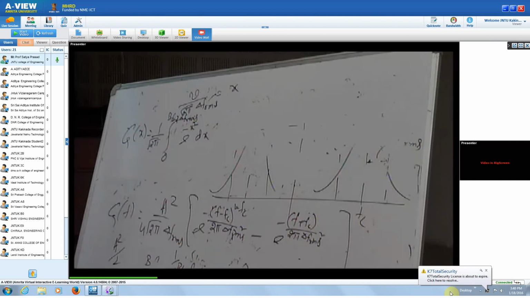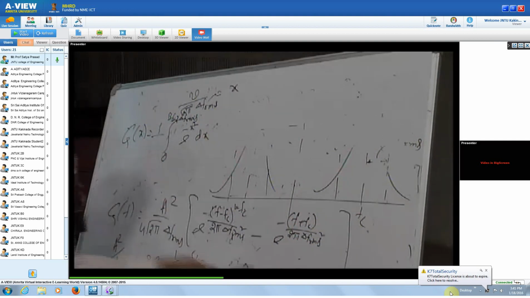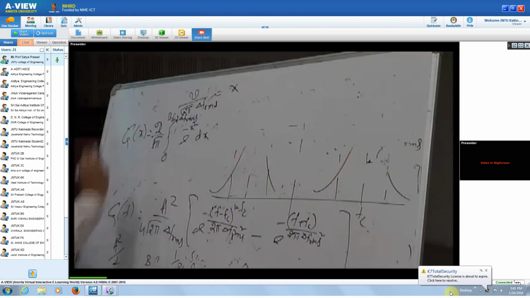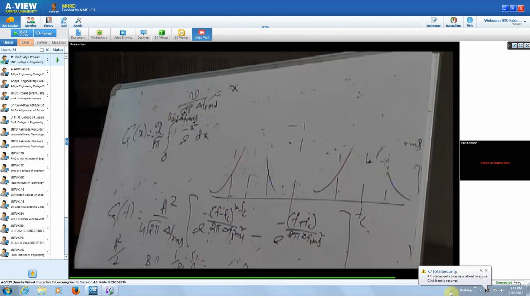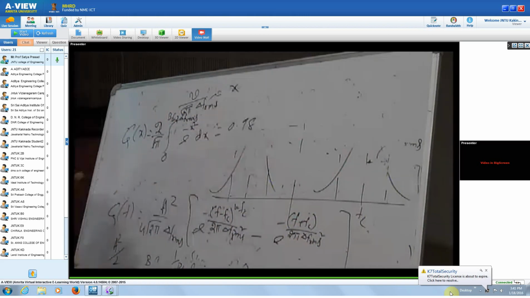And this 2 pi also will not be there. And this is another function, and we want it equal to 0.98.